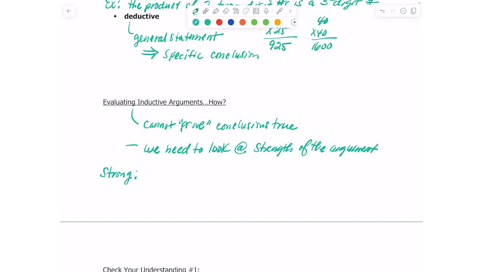Okay, what's the difference? Strong arguments make compelling cases for the conclusion. As opposed to a weak argument where the conclusion is not well supported by the premises.